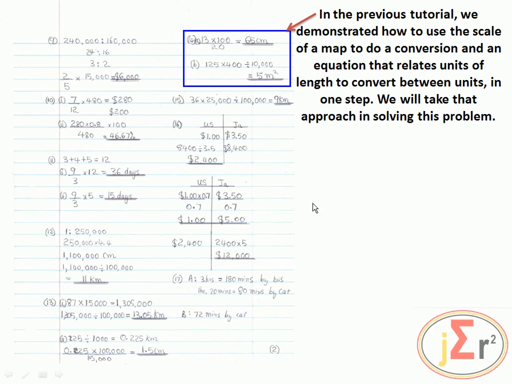In the previous tutorial, we demonstrated how to use the scale of a map to do a conversion, and also how to use an equation that relates units of length to convert between units. And of course, we did that in one step. We will take that approach in solving this problem.